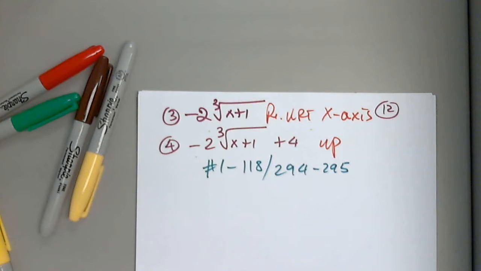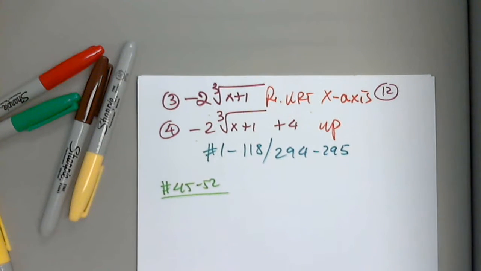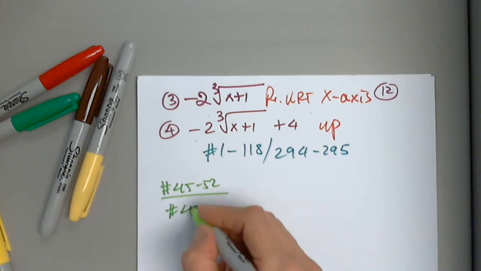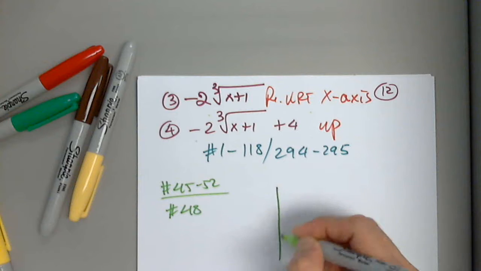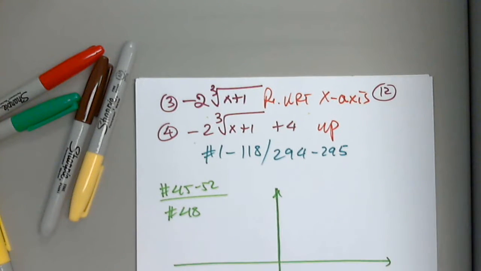Okay, so what I would like to work on is a graph that is given to us. So I'm looking at problems 45 through 52. Let's take a look. And let's say 48. We cannot do anything before we copy the graph. Very easy graph. So negative 4, 2.